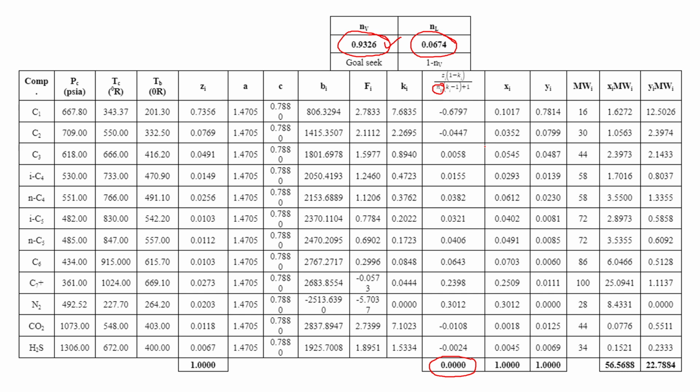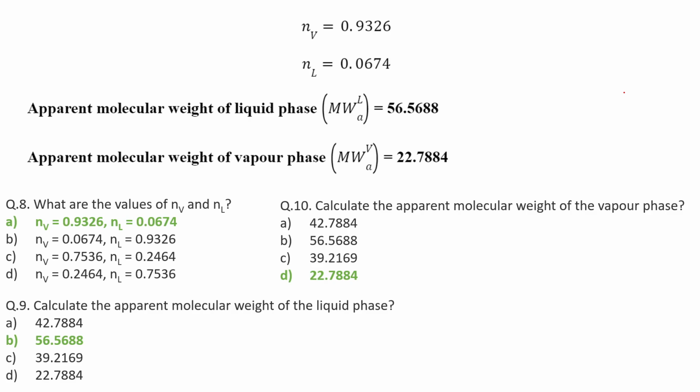Now, as discussed in the steps, we can put in the equations and find the values of Xi and Yi. The molecular weight of each individual component is already known to us. From that, we can find out the apparent molecular weight of both the liquid and gas phase.